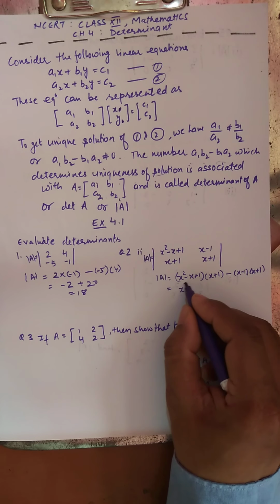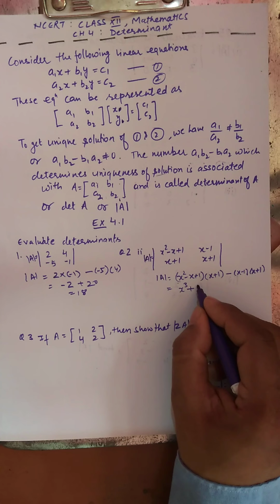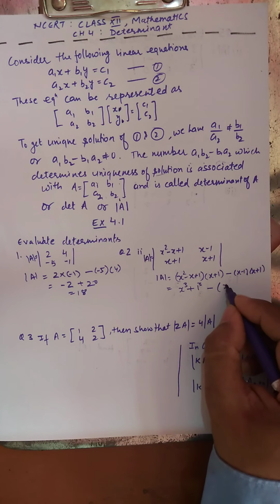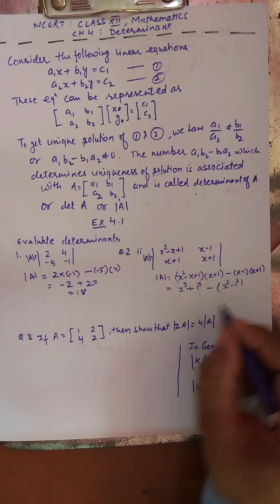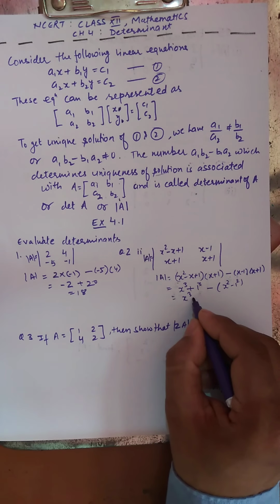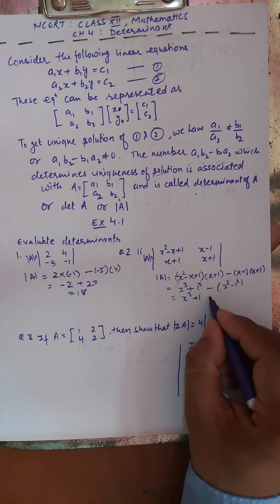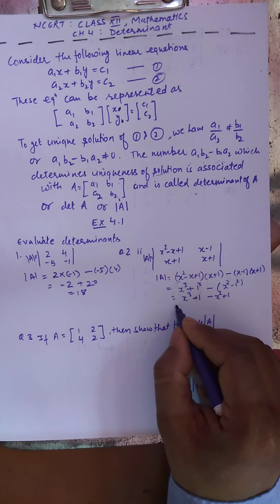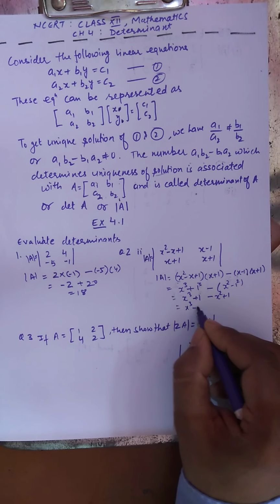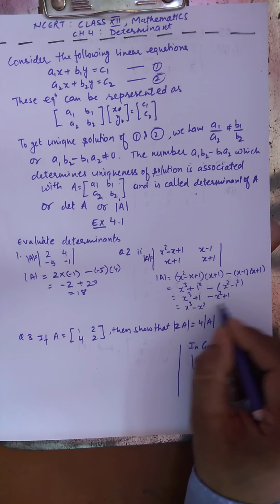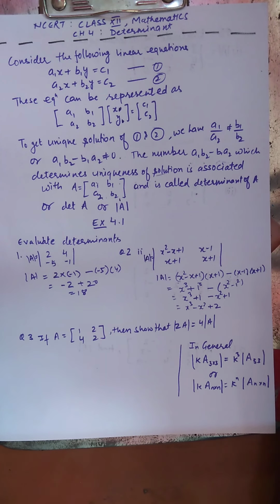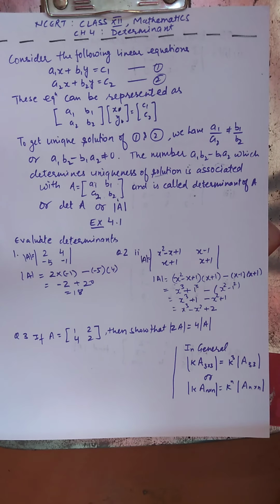So this is a cube means x, b cube means 1 cube. This is a square minus b square, so this is there. So you simplify now, x cube plus 1 minus x square plus 1. So this becomes your x cube minus x square, and this is plus 2. So this is the value of the determinant.